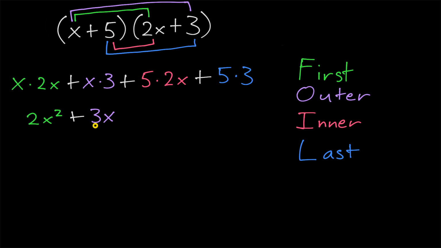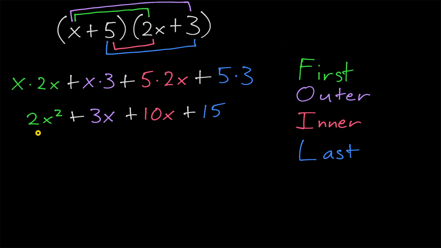In mathematics, it's always customary to put the number before the variable. Now here you have 5 times 2x, so plus the result of 5 times 2x. 5 times 2 is just equal to 10x. And to this, you're going to multiply 5 times 3. 5 times 3 is just equal to 15.